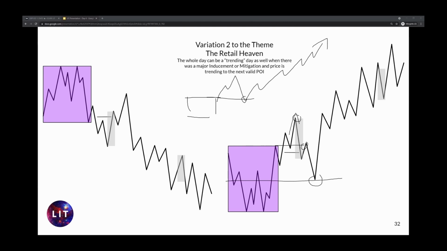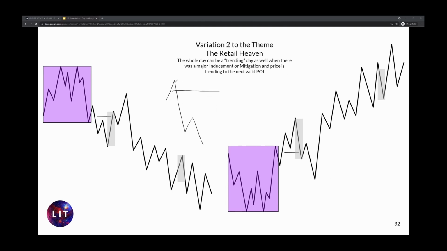Same scenario if you are on here and here, extreme area, and this is your decisional area. Let's say Frankfurt happens here and Asia happens here. Sometimes, for whatever reason, you can have an inducement high retest of this area because maybe this was in here a major inducement.